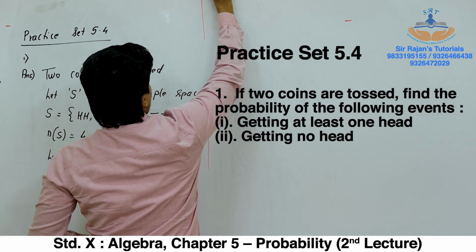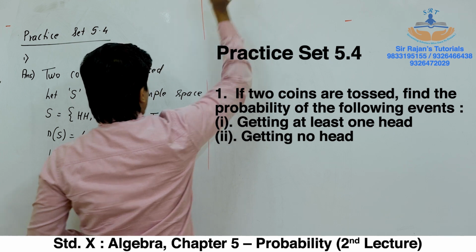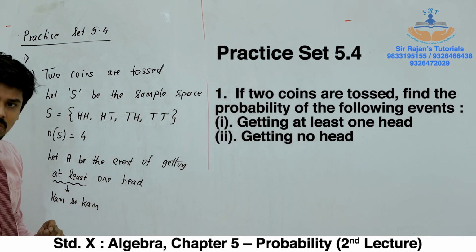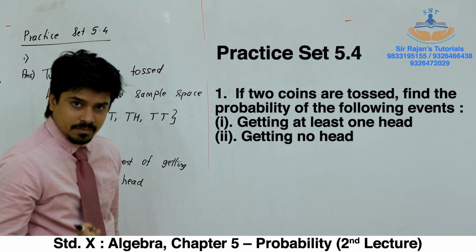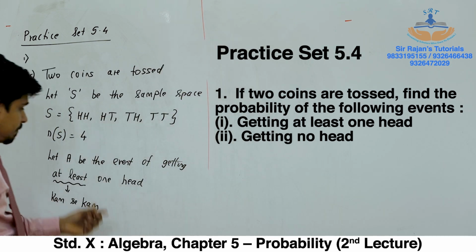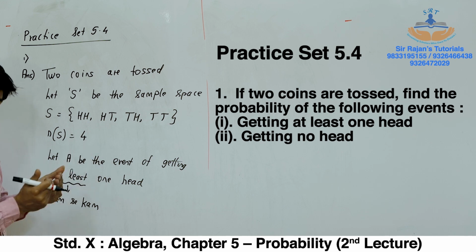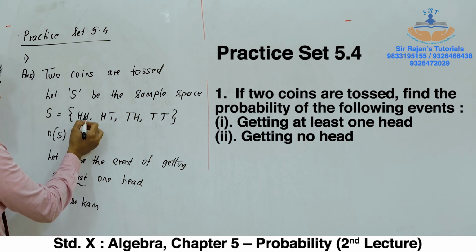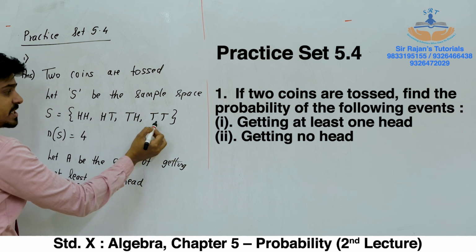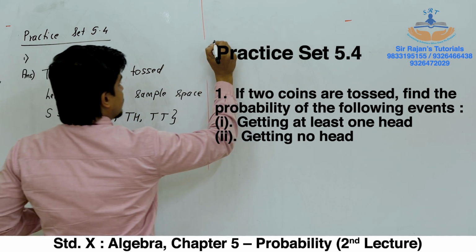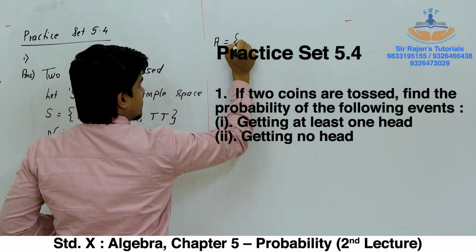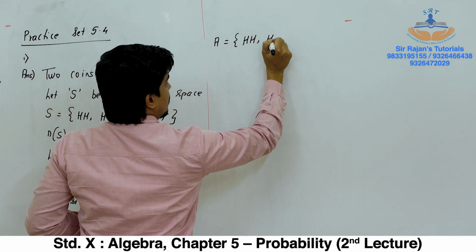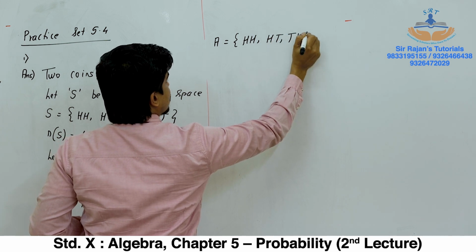So A is equal to, now कम से कम एक हेड, तो अपने पास दो हेड आएगा तो भी चलेगा, एक हेड से कम नहीं होना चाहिए. सो HH दो हेड है, चलेगा, ये भी चलेगा, ये भी चलेगा, TT नहीं चलेगा. So as far as your event A is concerned, favorable outcomes will be HH, HT, TH.